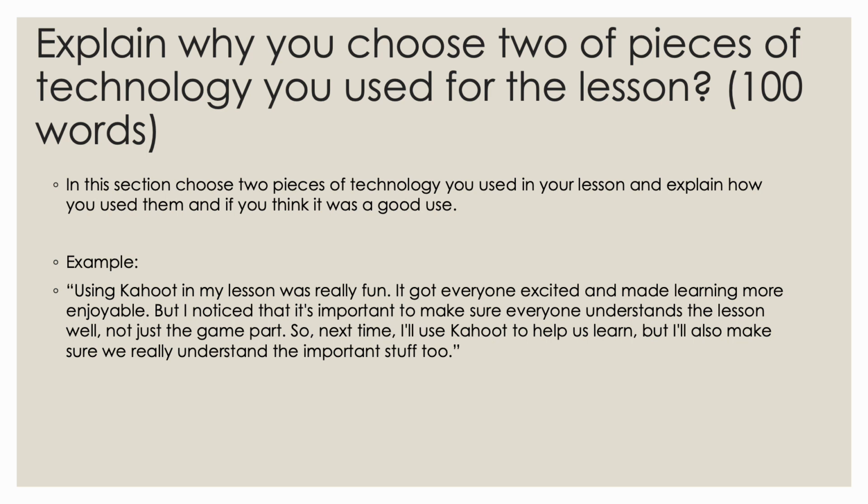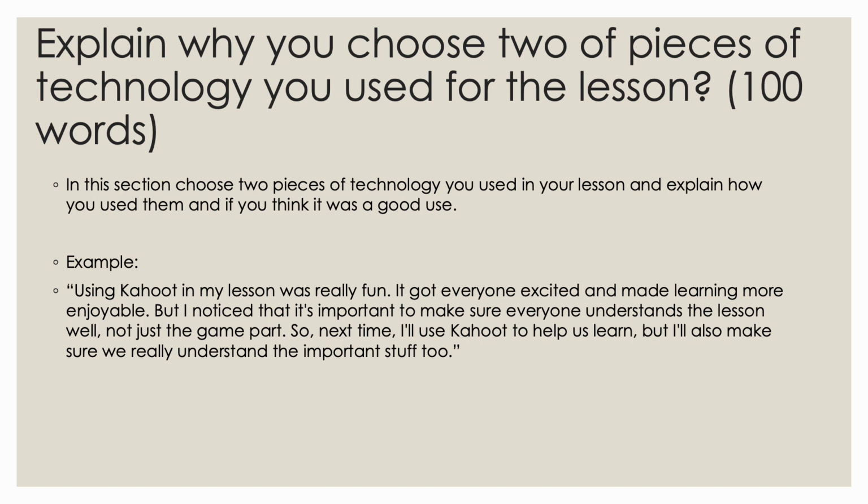So here's an example. Using Kahoot in my lesson was really fun. It got everyone excited and made learning more enjoyable. But I noticed that it's important to make sure everyone understands the lesson well, not just the game. So next time I'll use Kahoot to help us learn, but also I'll make sure we really understand the important stuff too. So here's just something maybe you think was good about your lesson, or something you can change or improve about your lesson.